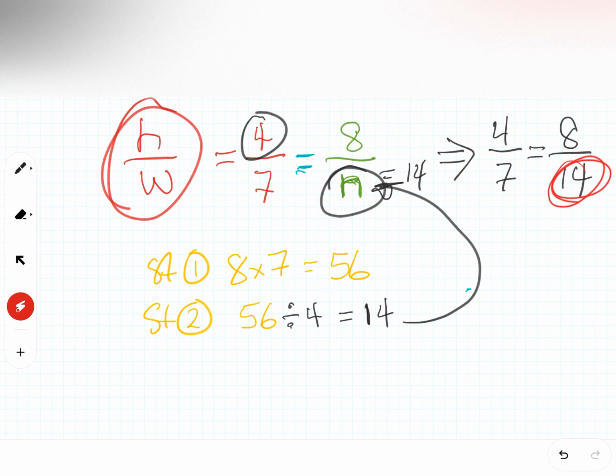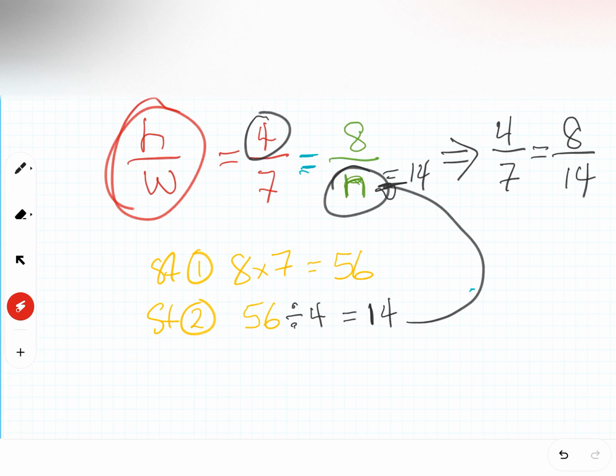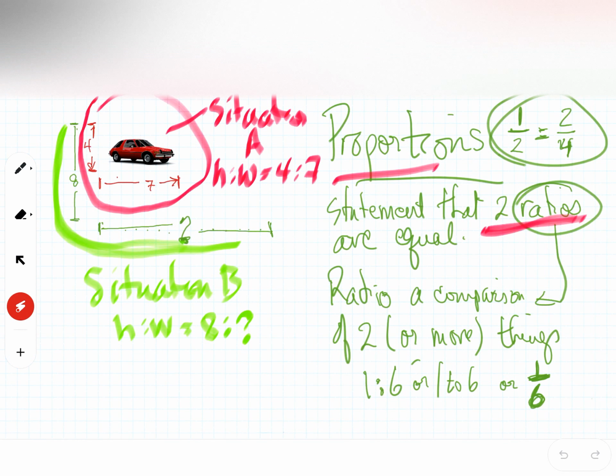This 14 now is the answer to our problem. So this is how I solve problems using proportions. And what we learned back here are some of the characteristics of problems that can be solved by proportions. They will have two situations, and each situation will have a ratio, and in the ratios we're comparing the same things but with different numbers. All right.